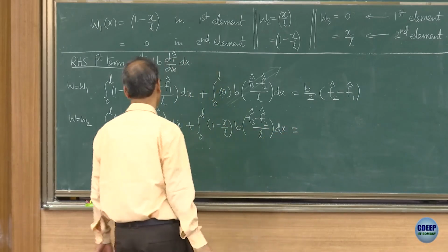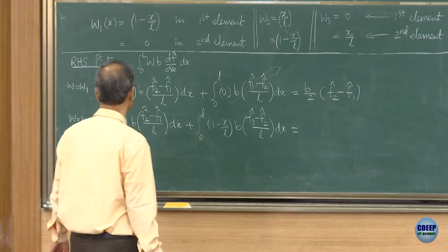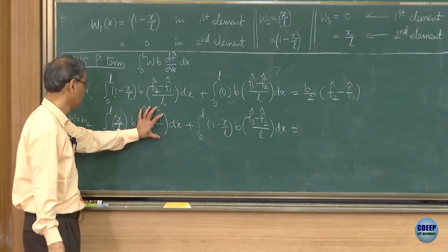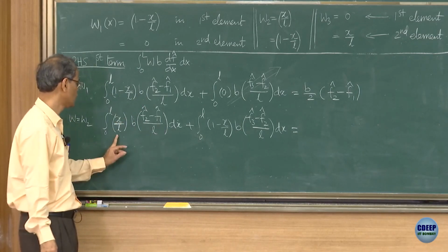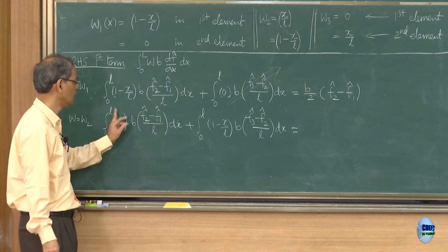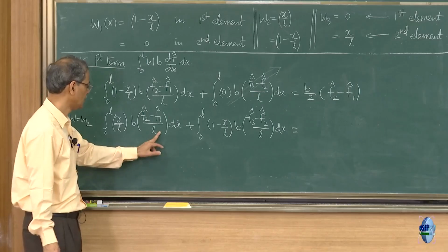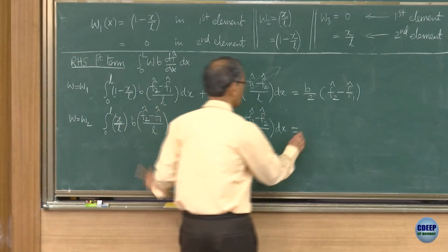This is a constant again. So x by L dx gives L squared by 2L, which is L by 2. L cancels out, B by 2.